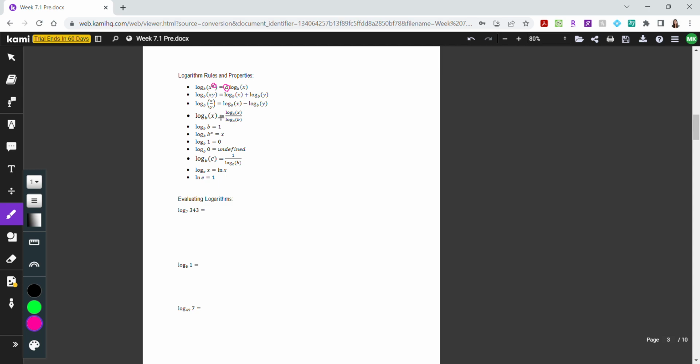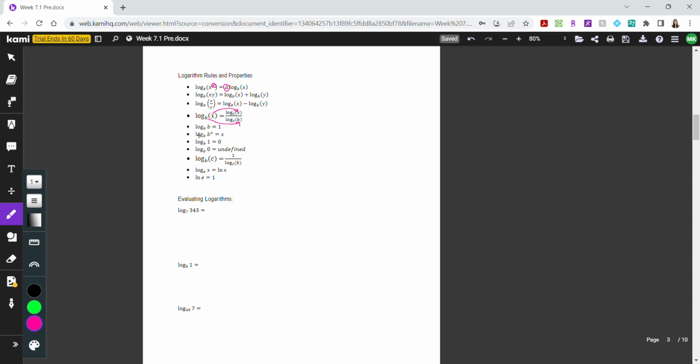Now you're going to change the bases. The one that is in the x spot will be on top. So it's log base c of x divided by log base c of b, right? So x will go on top, like right here, and b will go to the bottom. Can you see that?